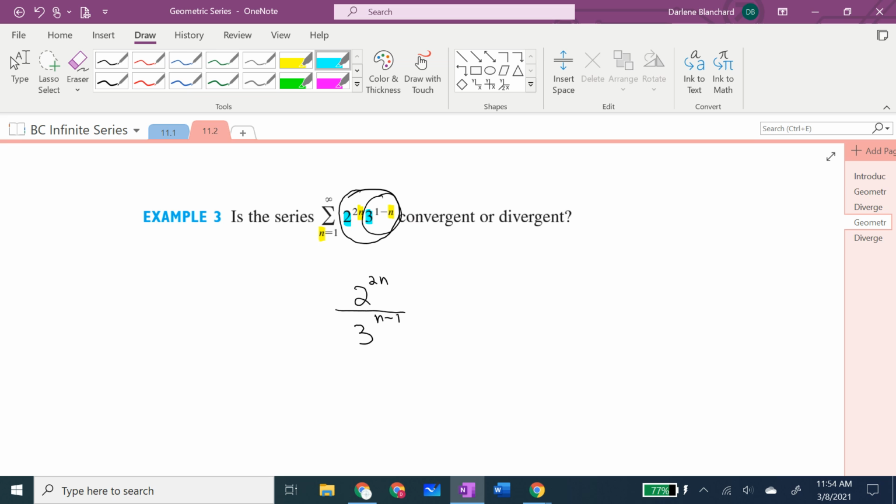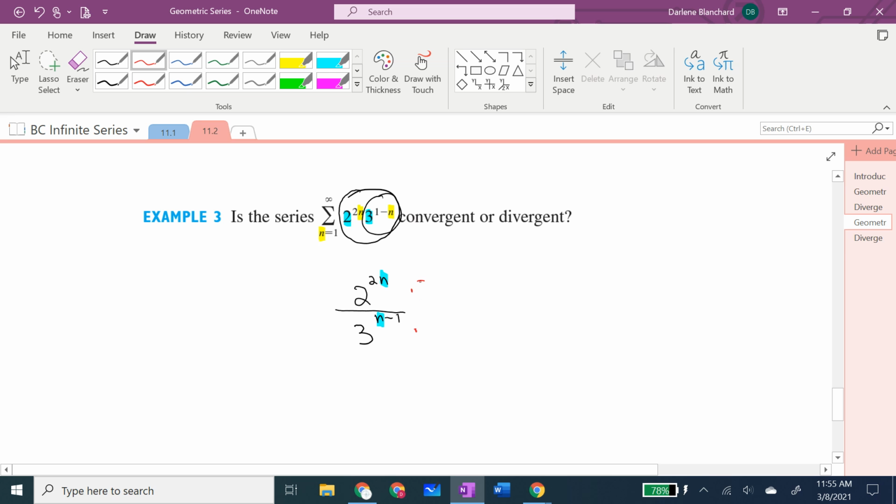When you're identifying r from a formula, you want to make sure that the n is not multiplied by a number. Adding or subtracting a number isn't changing r. That will change the first term, but it will not change the r when you look at subtracting 1 from 3.